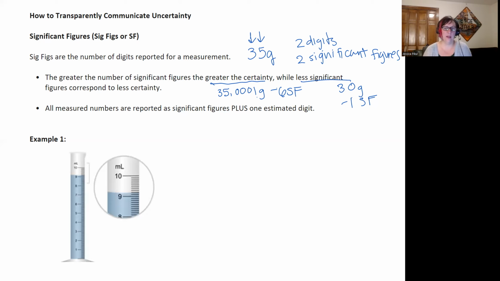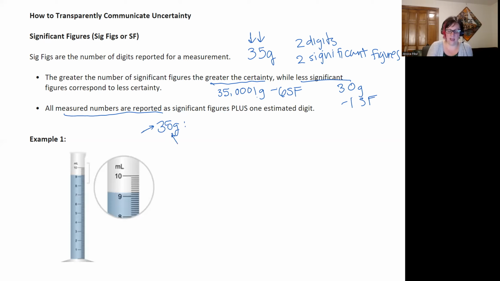When reporting a number, all of the measured numbers, all the numbers that make up the measurement, are going to be reported as significant figures, plus one estimated digit. In the case of this 35 grams, the 3 is the digit that we were able to read, maybe a marking on the device.